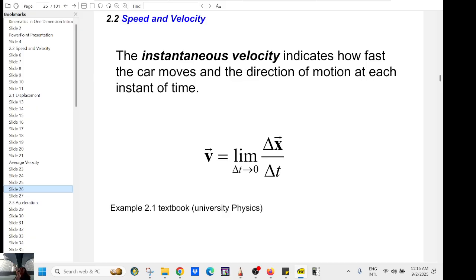So it's the slope. That will be the definition of what, in math? The derivative, right? It's the slope. So velocity is dx over dt. That's the definition of a derivative, right? So it's a limit.